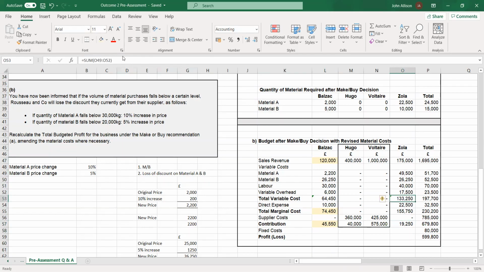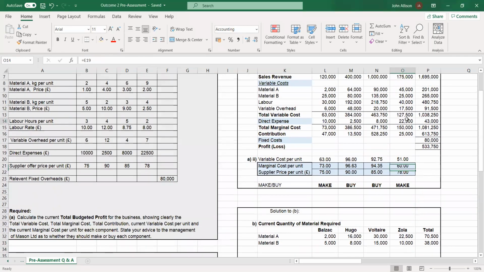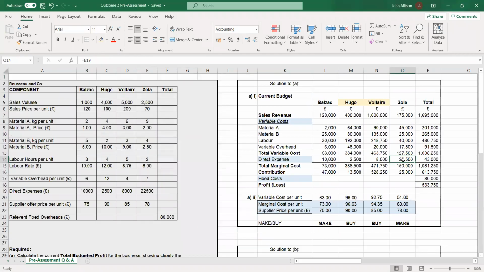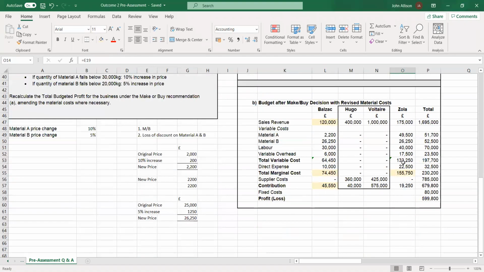The total variable costs, or all the variable costs added together. We add on the direct expenses to get the total marginal costs. And again, the direct expense is still going to be the same number it was, the 22,500 in the original budget. No changes there. The only thing that's changed for Balzac and Zola are the material costs. The rest are all kind of the same.